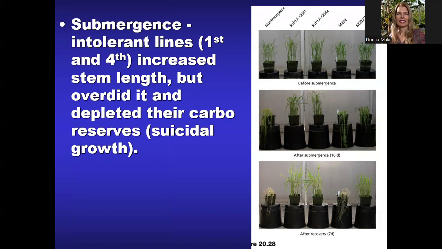And then you can see 16 days later, they stopped the flooding, and then they followed it for an additional 7 days. And you can see some of the plants did recover and some didn't.